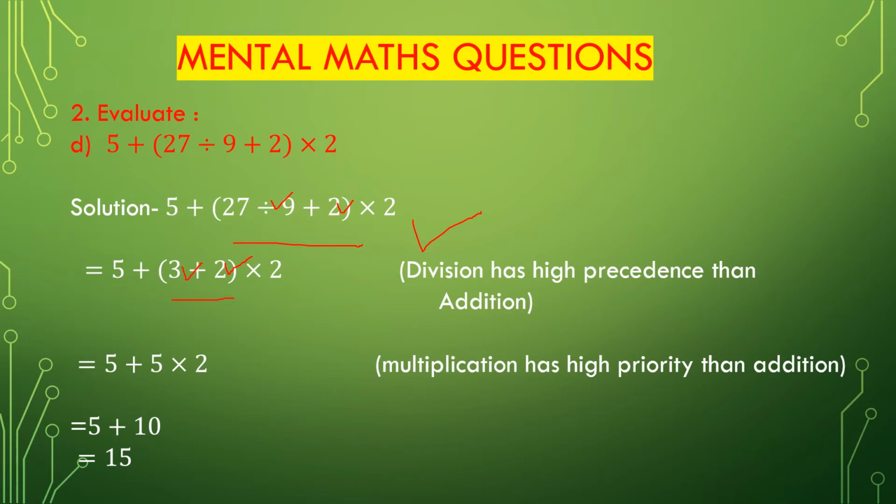Then add 10 with the number 5. 5 plus 10 is 15. We get the number 15. So we get 5 plus 27 divided by 9 plus 2, that is inside the bracket, multiplied with 2, equal to 15.